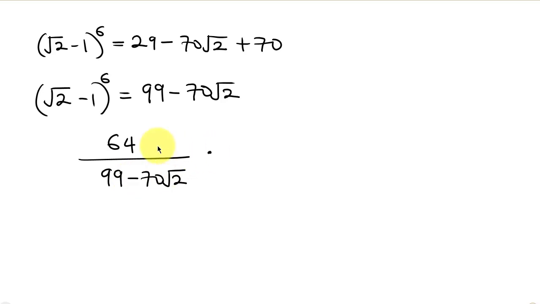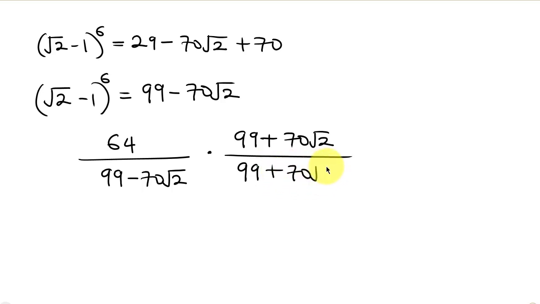So that means I'm going to be multiplying the numerator by 99 plus 70 root 2. The sign here changes to plus. That is it. And I'm going to be using this to multiply the numerator. I'll also use it to multiply the denominator, 99 plus 70 root 2. Very good.